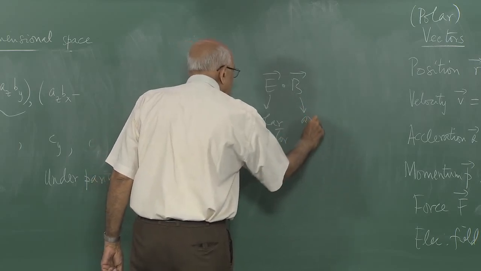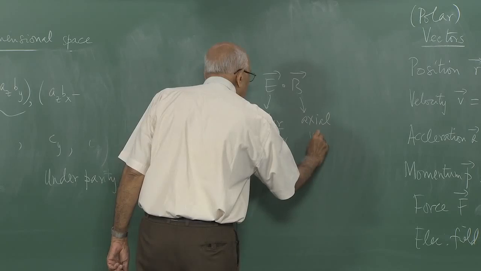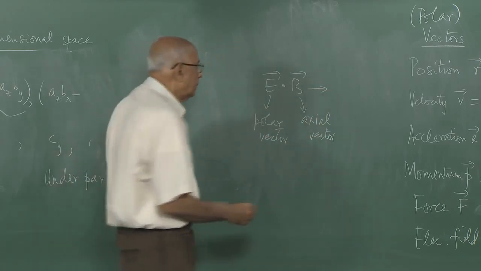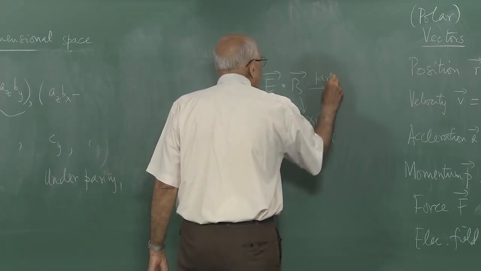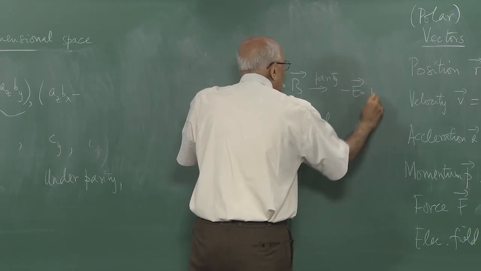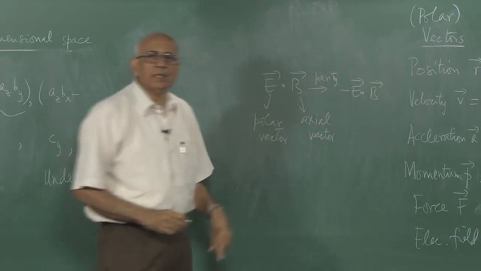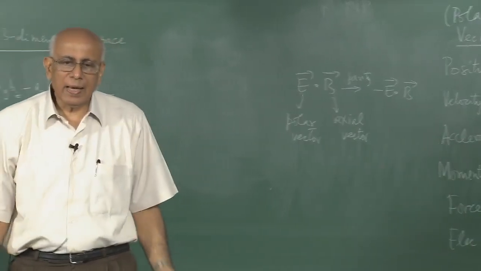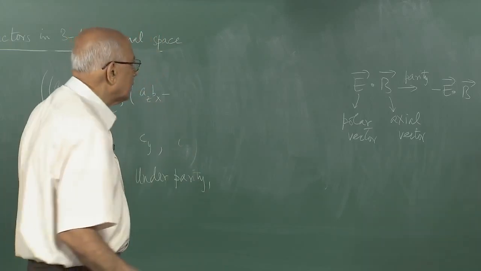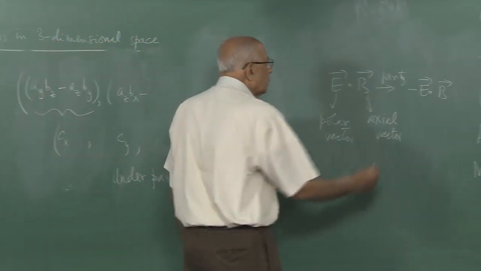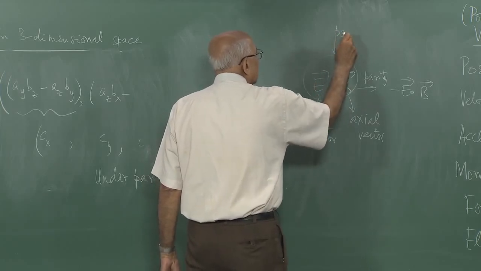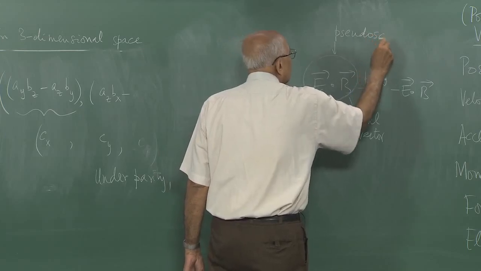This is an axial vector, and this combination under parity becomes minus E dotted with plus B and therefore changes sign. And what have we called a scalar quantity which changes sign under a reflection, under a parity transformation? We called it a pseudo scalar. So this thing here is not an ordinary scalar, it is a pseudo scalar.